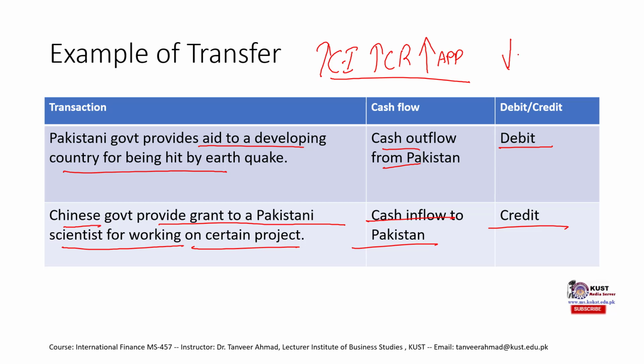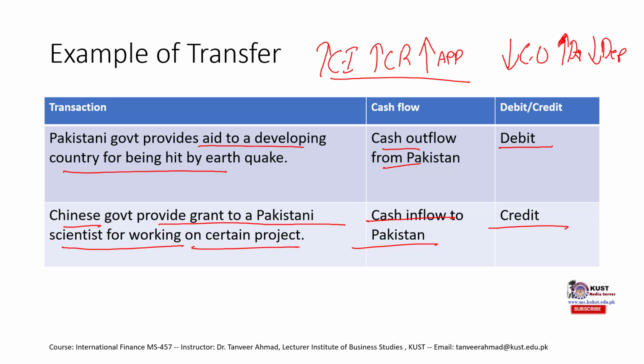Whenever there is a cash outflow, that would be a debit, and it would put downward pressure on the currency, and hence the currency might depreciate. I am using the word might because it is not necessary that it would happen.